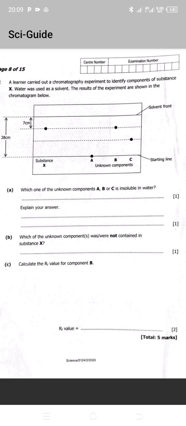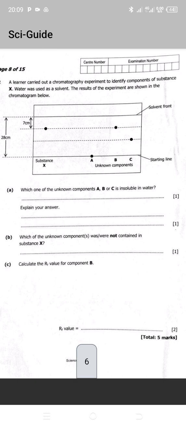We say RF, retention factor value, is equal to the distance moved by the spot over the distance moved by the solvent front. On top there, I hope we can see where they have labeled the solvent front, meaning this is how far the solvent moved.